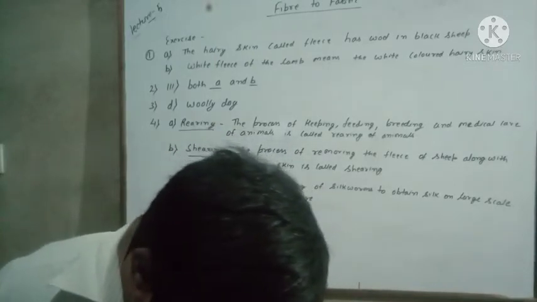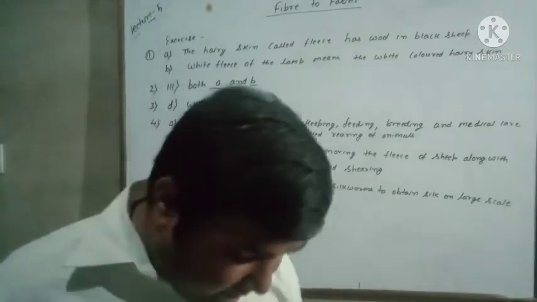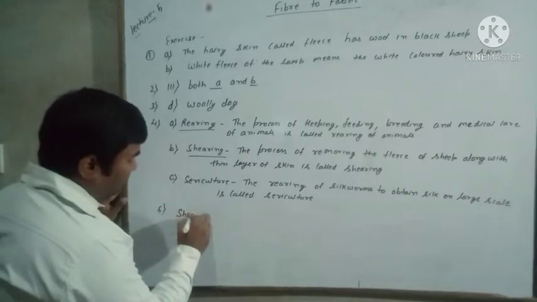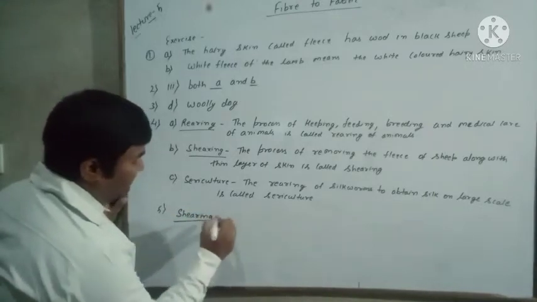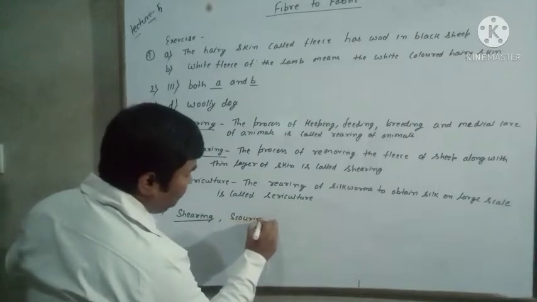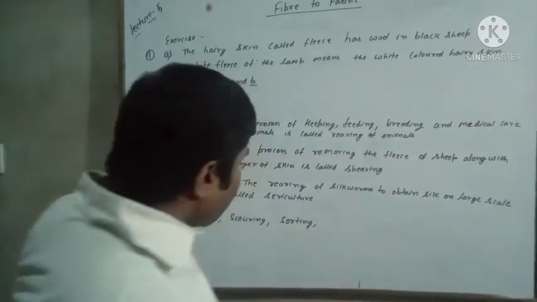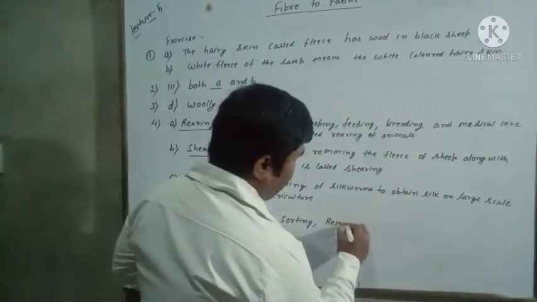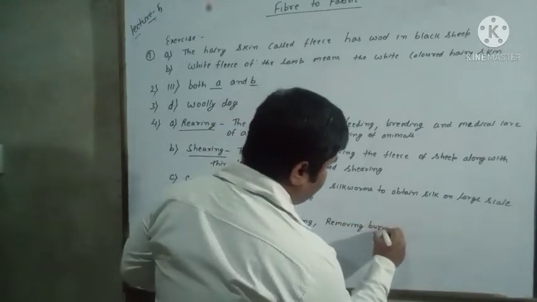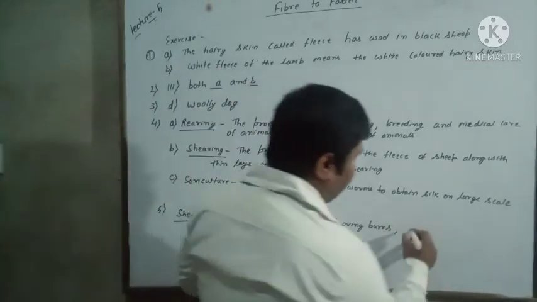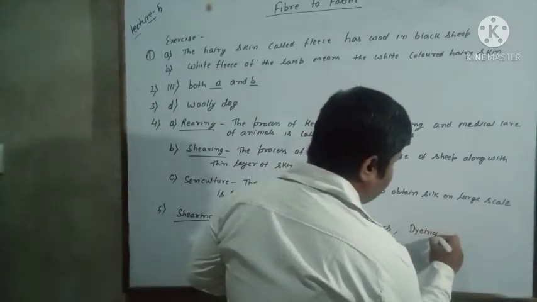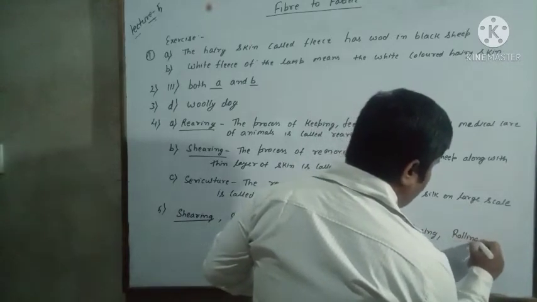Question number 5. Given below is the sequence of steps in the processing of wool. Which are the missing steps? Add them. First is shearing, then scouring, then sorting, then removal of burrs, removing burrs, then dyeing, D-Y-E-I-N-G, dyeing, and last is rolling.